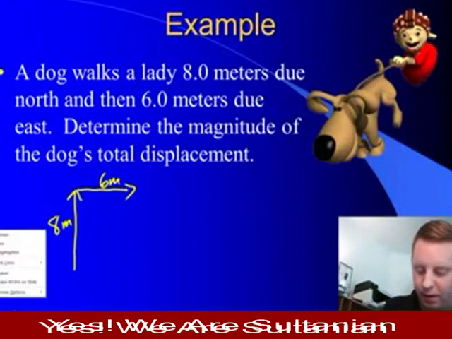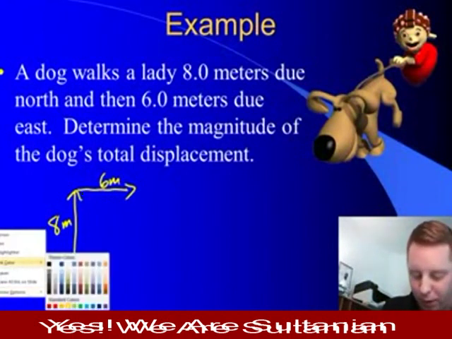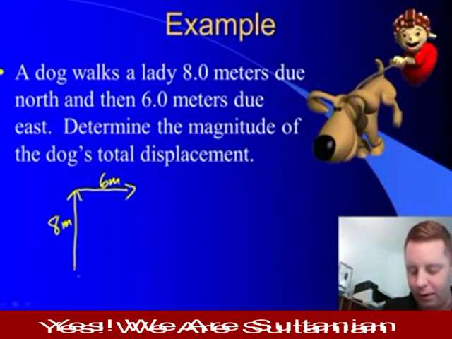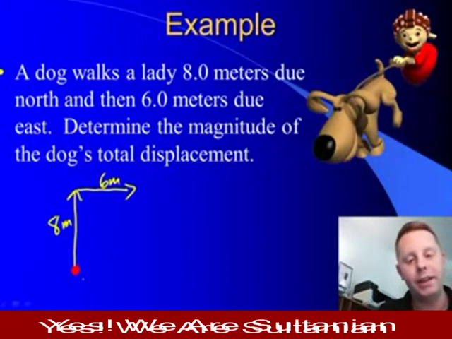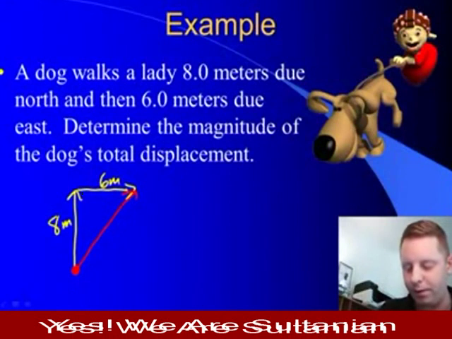Well, to do that, this looks like a vector addition problem. We start at our starting point. Our vectors are already lined up tip to tail, so we go from the starting point of our first to the ending point of our last. That red vector must be our dog's total displacement. How do we figure out how big that is? Well, we could use the Pythagorean theorem, because that's a right triangle.